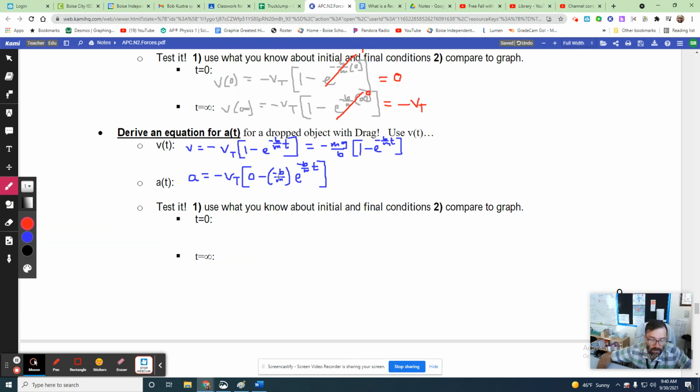Remember, we still have this negative sign, and then you still have the e stuff left over. Do you know what I need to do? I need to switch this over to our mg over b stuff, right?